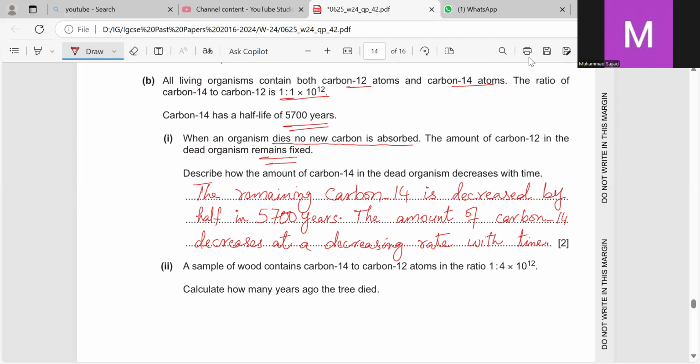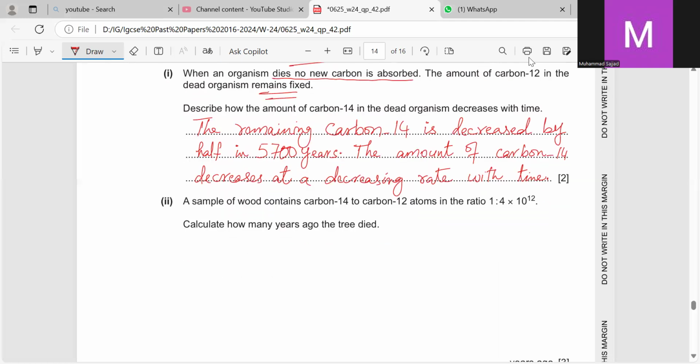So the decreasing amount of carbon 14 is decreasing at a decreasing rate with time. Very important. After 3 half-lives, 1 by 8 will be remaining, and so on. I'm sure it will be clear.